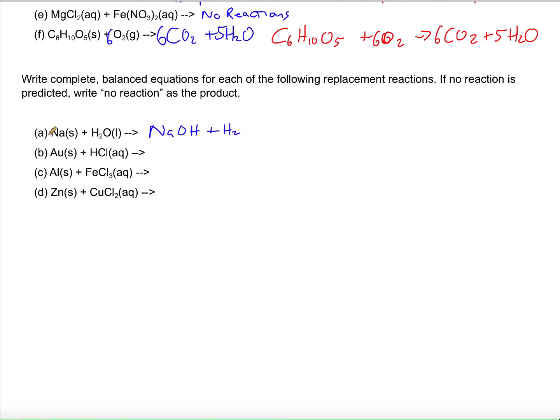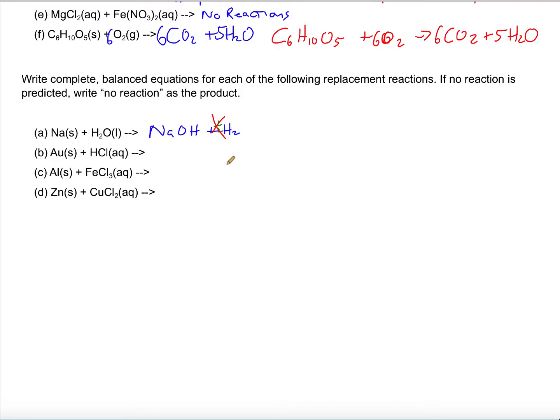So when we combine these, we have 1 sodium and 1 sodium. We have 1 oxygen and 1 oxygen. We have 2 hydrogens and 3 hydrogens. So what we'd love to do is to write this as 1/2. Unfortunately, that is not permissible.